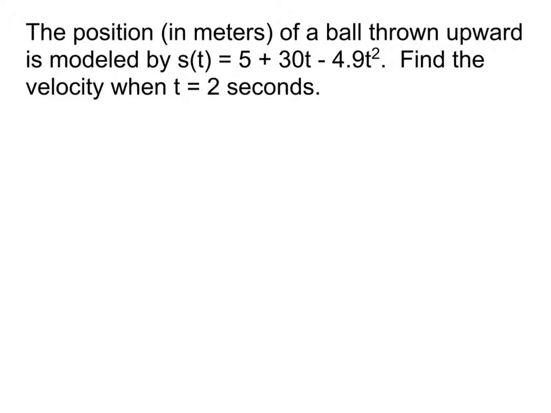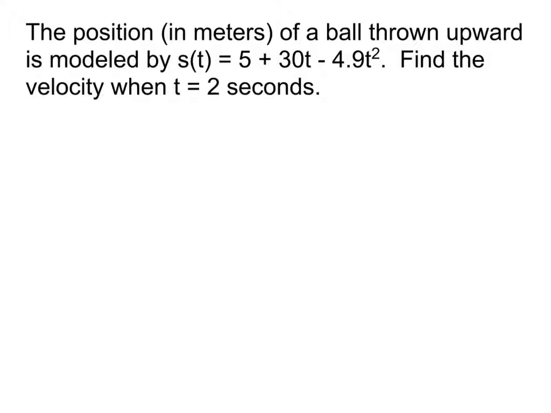New problem now. We have a position in meters of a ball thrown upward, modeled by this particular equation here. Please find the velocity when t equals 2 seconds. Like that last problem, since you're starting with an equation that tells us a position, if I want to know velocity, I'm going to find the derivative of it.